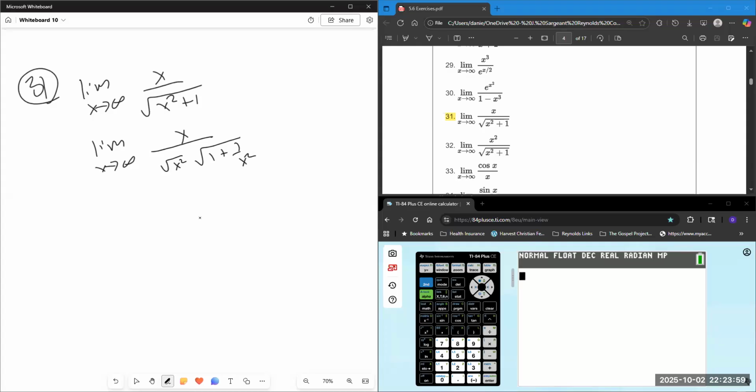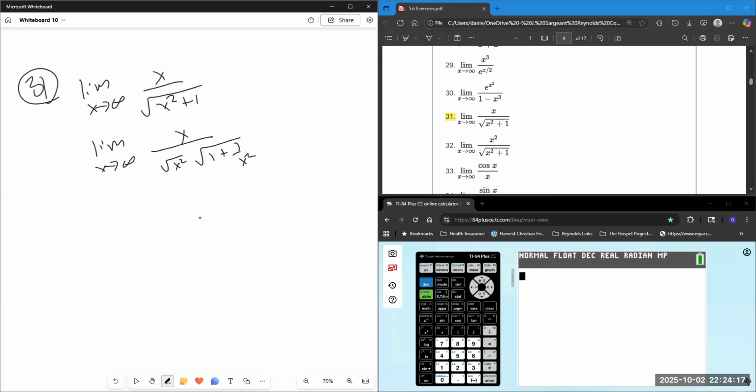And as x is going to positive infinity, this square root of x squared is going to be x, which is the same sign as this positive x right here.